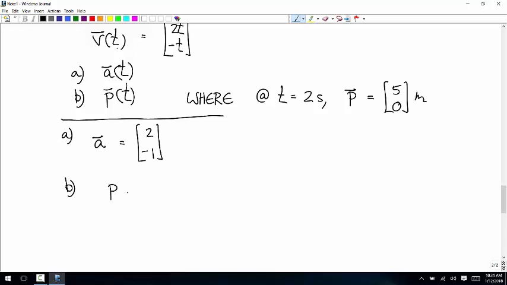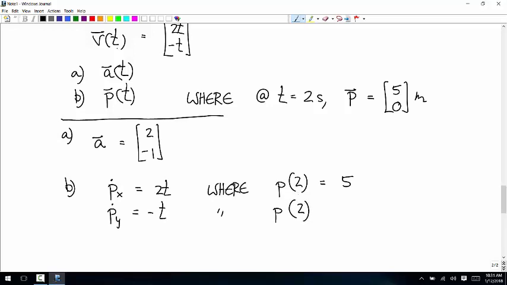So I'm going to write this as px dot is equal to 2t, where the position when time is equal to 2 is equal to 5, and py dot is equal to negative t, where at time equals 2, the y position, this is px, this is py, is equal to 0. Any questions about that setup?